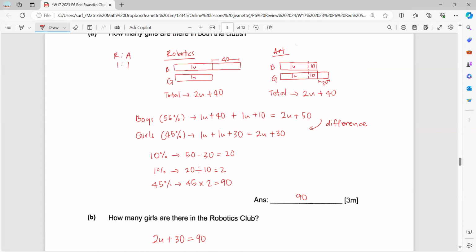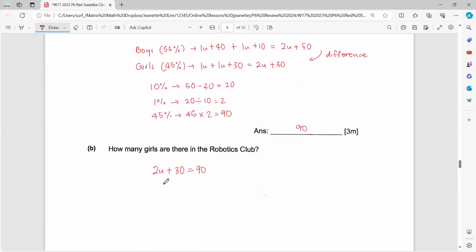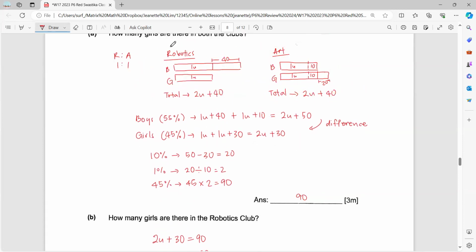So if you can find 1 unit, that is your answer. So to find 2 units, 90 minus 30. So 1 unit is 60 divided by 2. So 1 unit is the answer because the number of girls in the robotics club is only 1 unit.